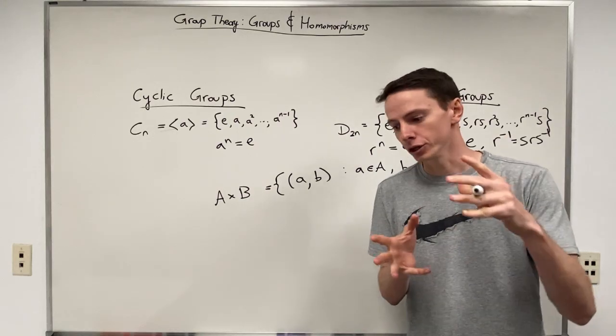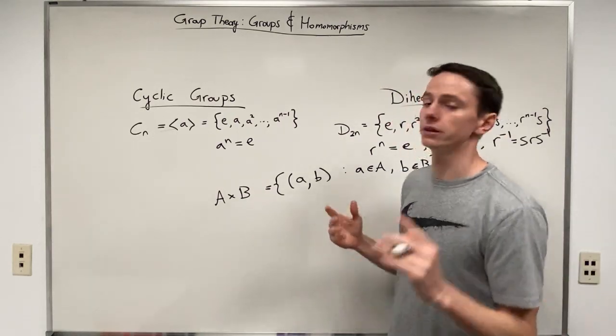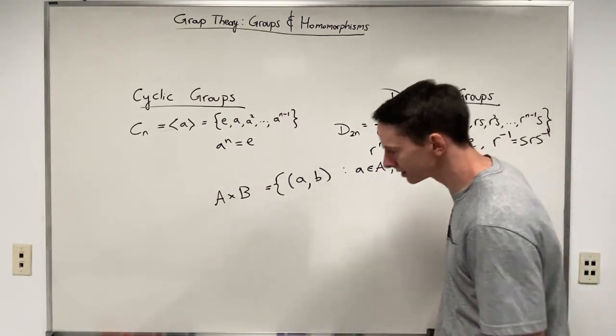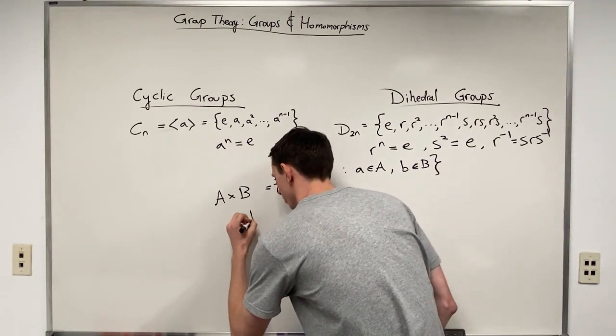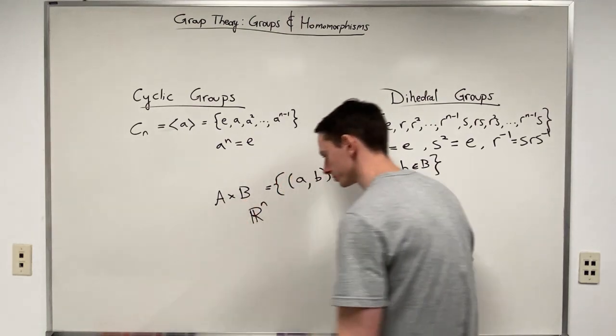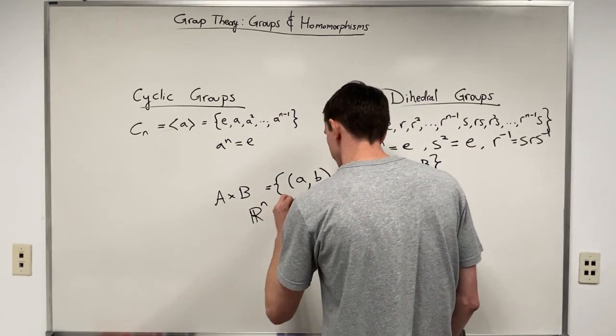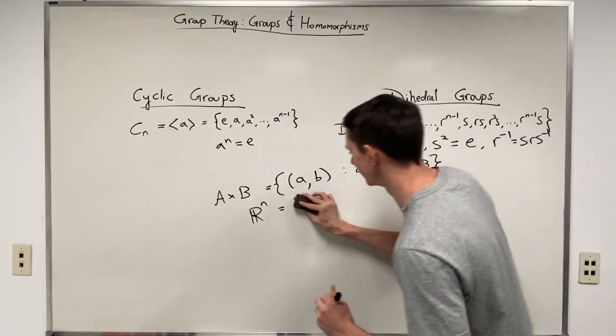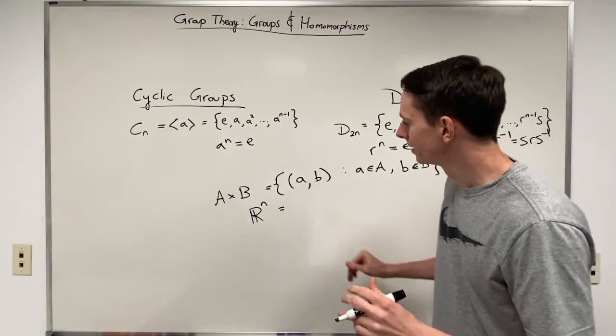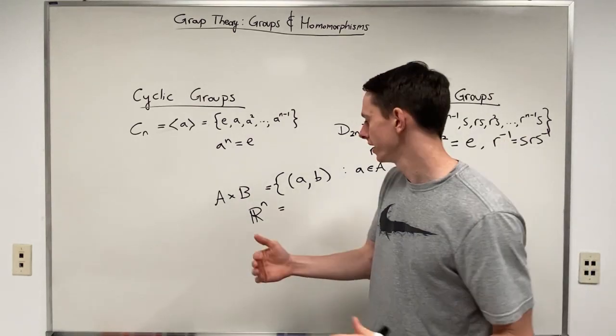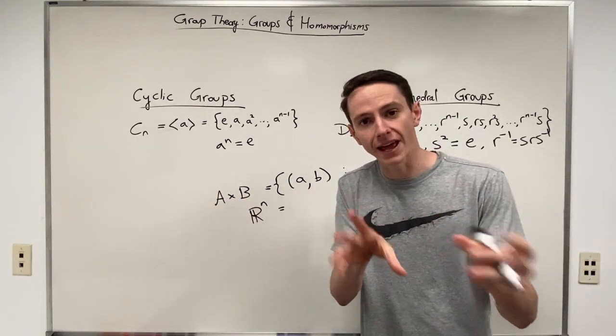interesting sets and very useful sets in many different areas of math, right? This led to the whole notion of R^n in the first place. Because after all, R^n as a set is simply the set of real numbers in a Cartesian product with itself n different times.